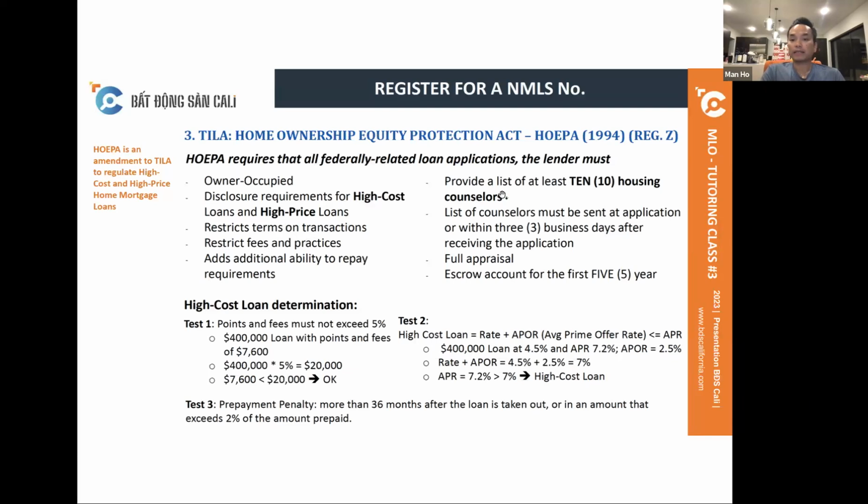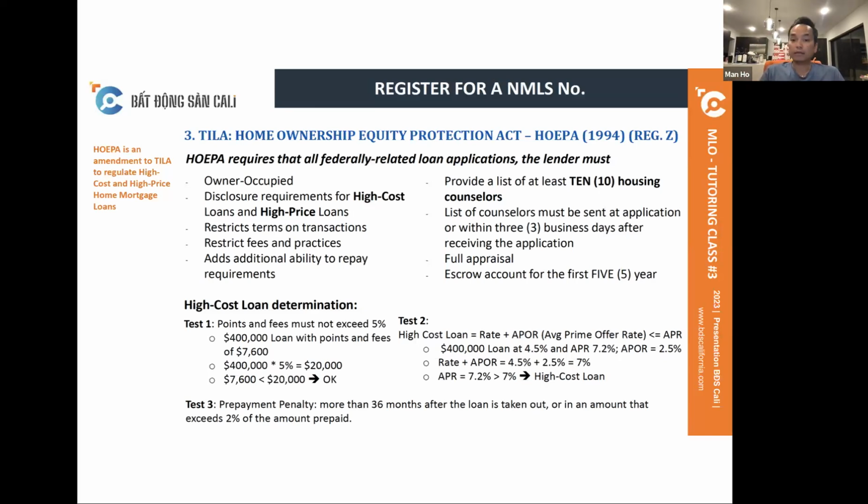Okay, provide a list of at least 10 housing counselors. So remember, when the borrower borrows in the high cost loan, right, high price loan, you need to provide a list of counselors, right? And if you don't, you're violating the TILA or HOEPA act.